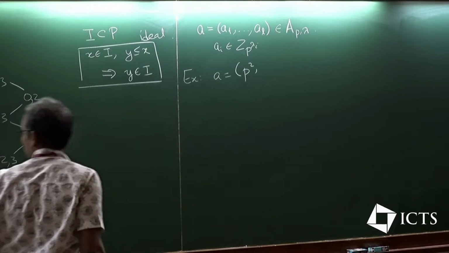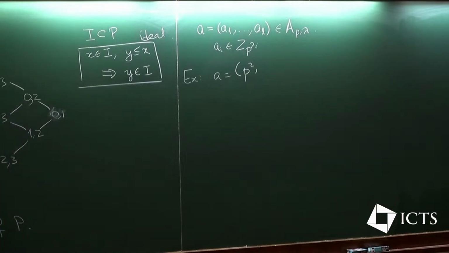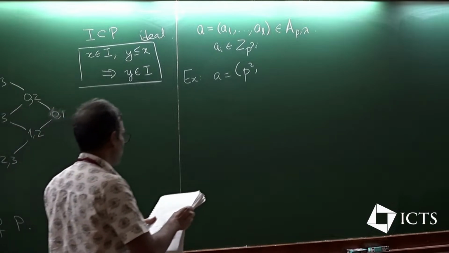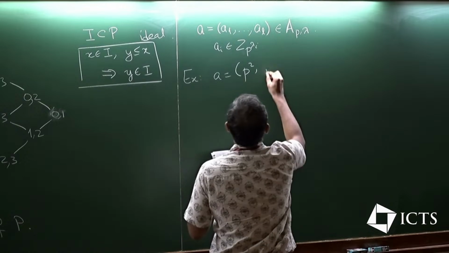And as far as studying orbits is concerned, it doesn't really matter. So you can just replace each coordinate by a power of p. So I'll only be looking at elements which are powers of p. It's only the power that matters.